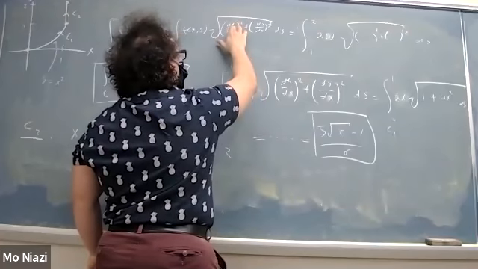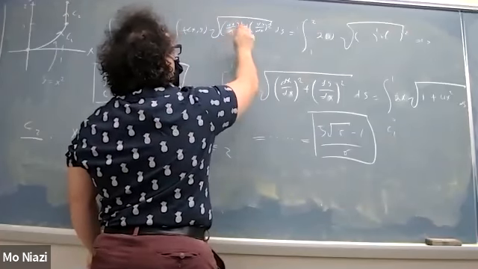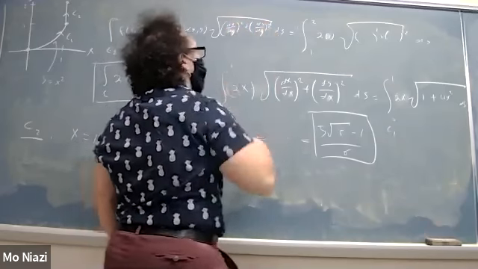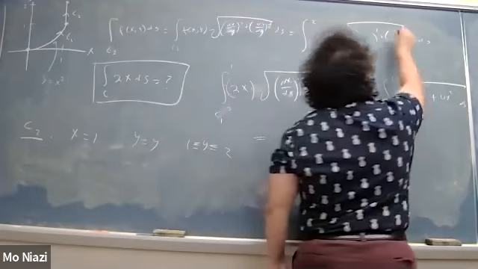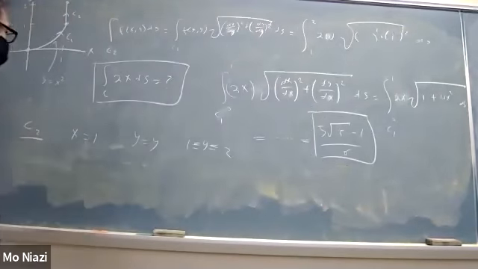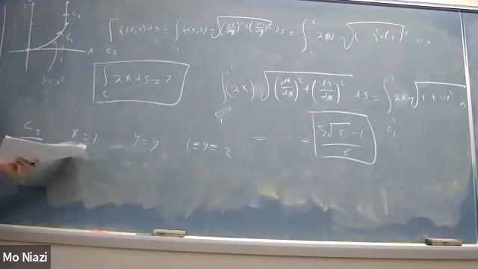Our parameter is y. So we change this to y. Over there, you get dy over dy when you square it, and it's just simply 1. Over there, you get dx dy. And notice that dx dy is 0.